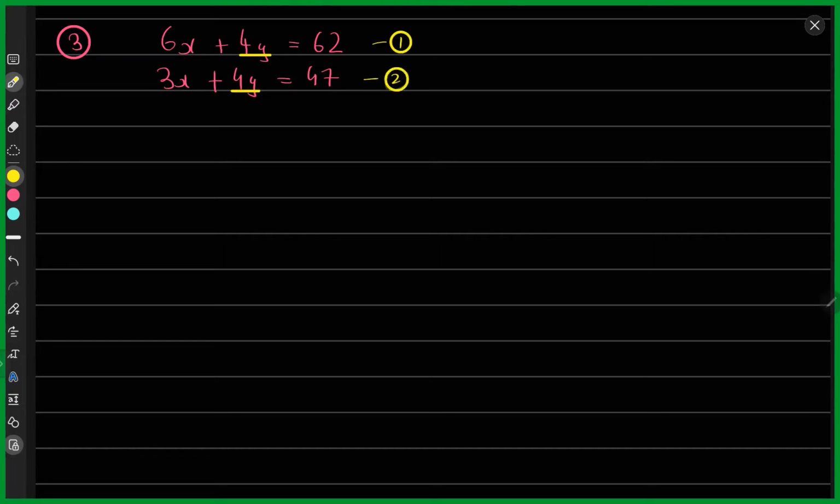I can again do 1 minus 2, and this way I would be able to cancel 4y and 4y, and I would be left with x only. So equation 1 minus equation 2 would give me what?